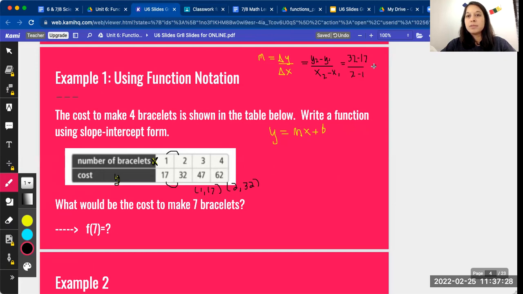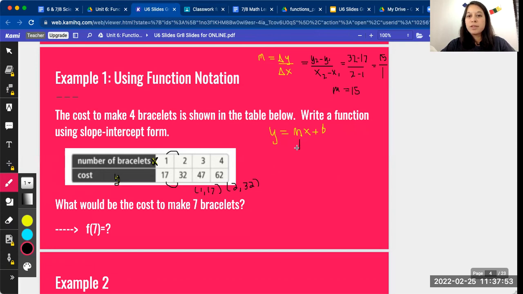The bottom is 1, 2 minus 1 is 1. And what's 32 minus 17? Do we know that one? See, I always have to check because I'm like, it's 18, right? No, it's 15. Can't do math while I'm on Zoom. Okay, 15 over 1. So that means my slope is 15.